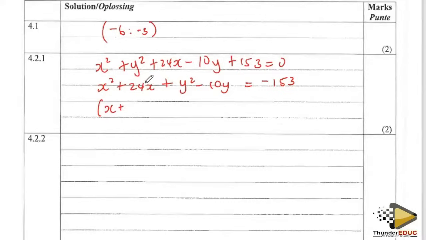A half of 24 is 12, and then you square that. So we know that a half of 24 is 12. When you square 12, you're going to get 144. So which means on our right-hand side, we plus the 144.